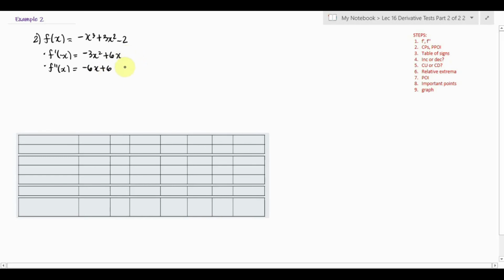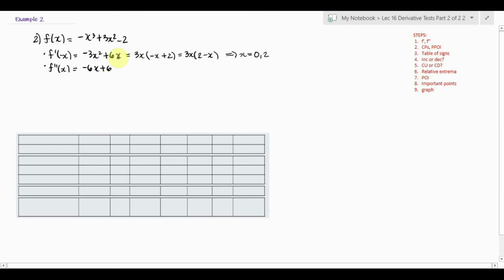Hindi sila ulit mag-undefined pareho, so we just get the 0. Factoring this out, I can factor out 3x. So this equals plus 2. And let me rewrite this as 3x times 2 minus x. Pareho lang naman. Rearrange ko lang. Therefore, our zeros here are 0 and 2. Okay?